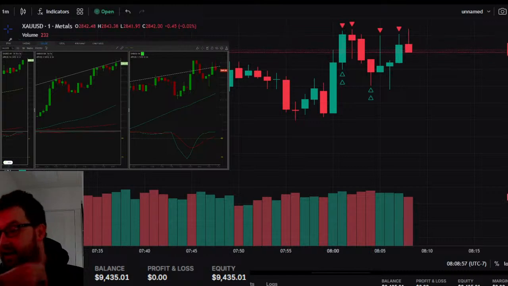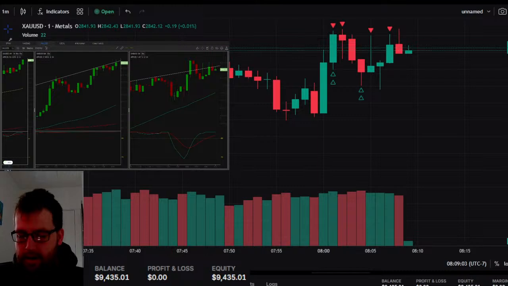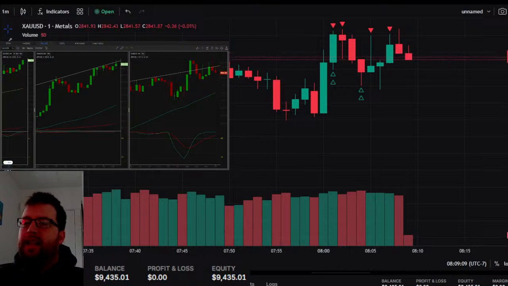Man, these fees are actually killer. $7 per lot. That is not ideal, but the upside is you should have tighter spreads.